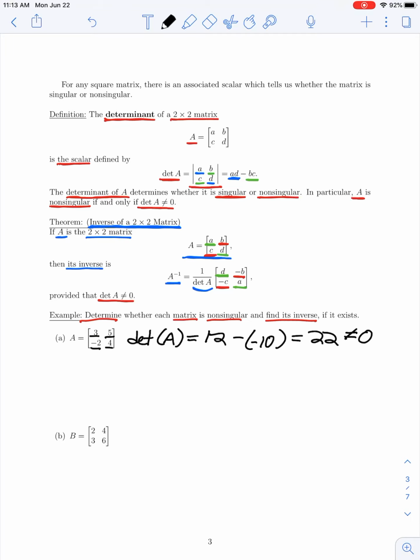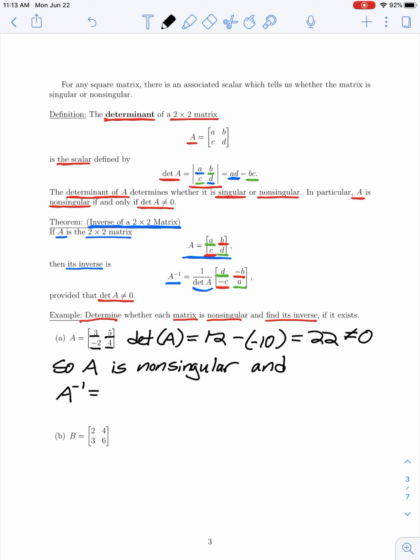So as long as this determinant is non-zero, that means that A is non-singular, or invertible. And to find the inverse, we can use the formula given by our theorem.